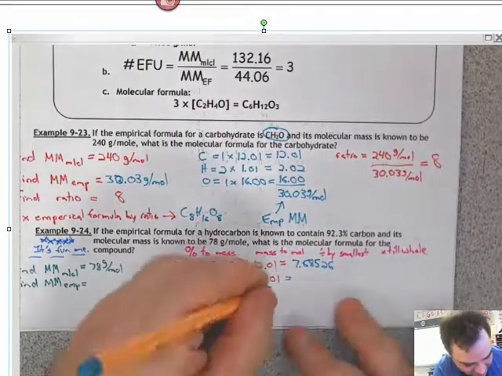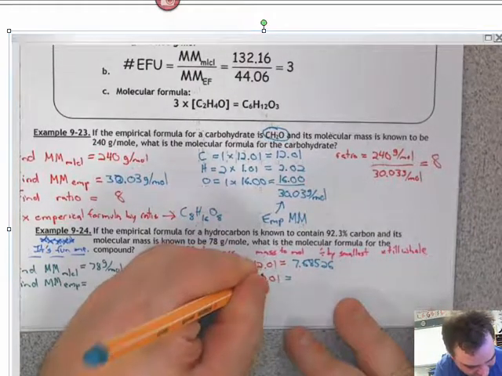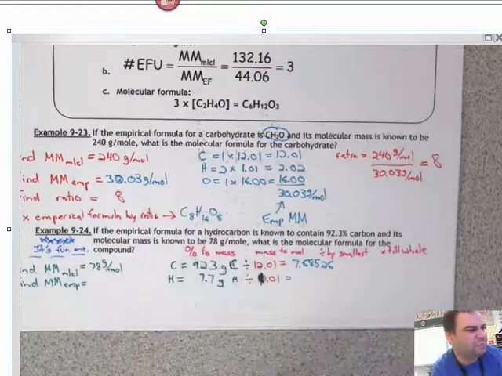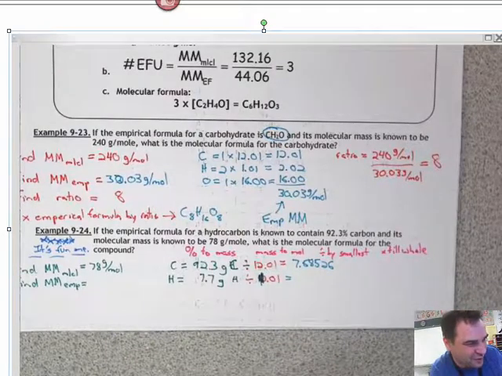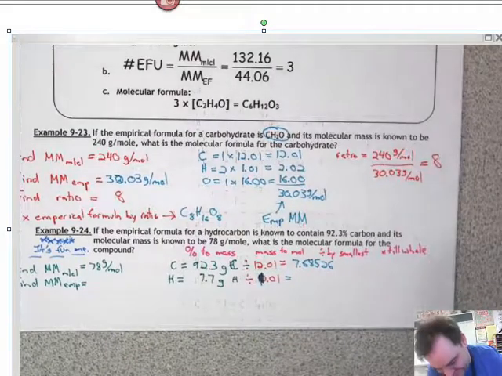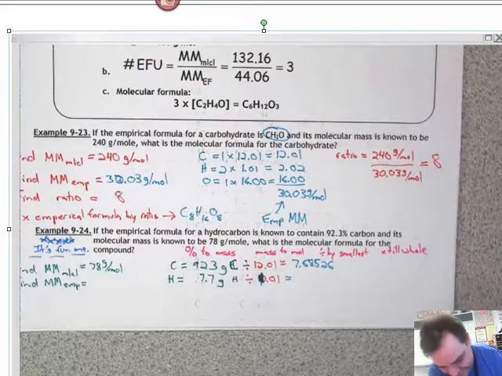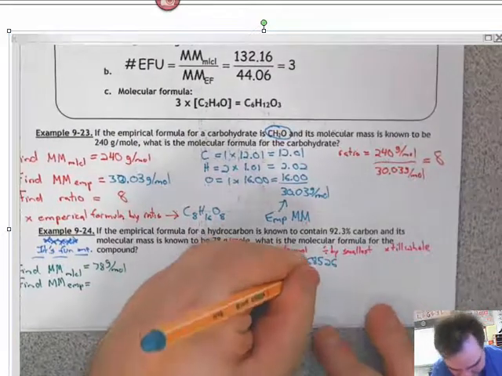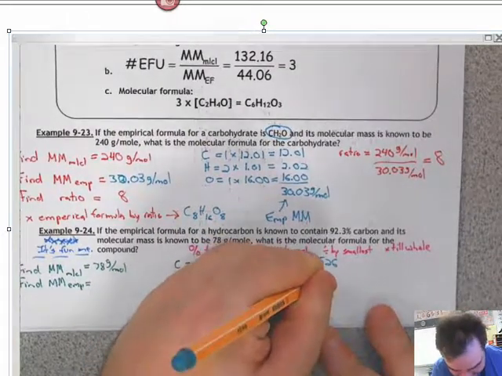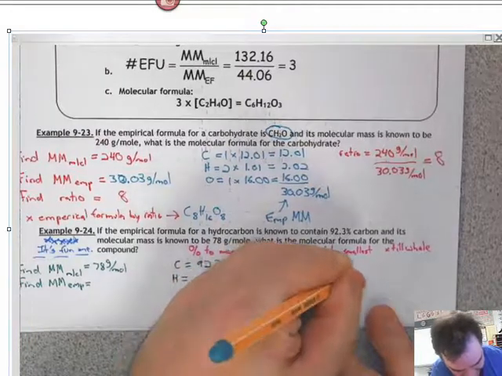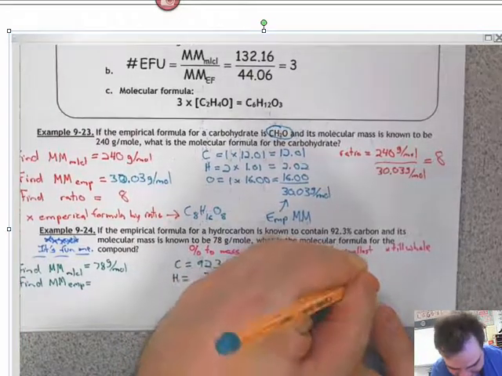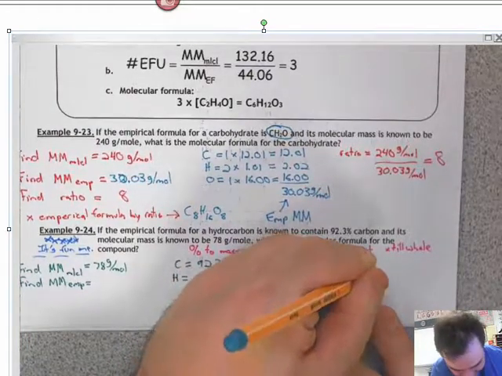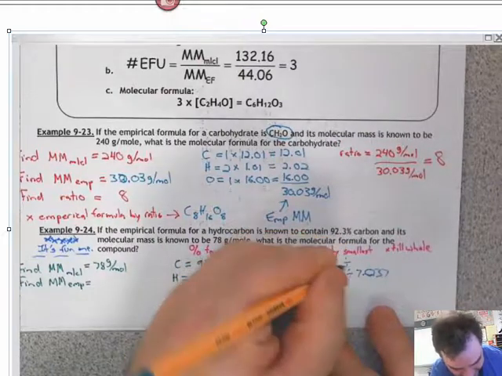Why am I dividing by 12.01 here? It's 1.01, Mr. Harrod. Come on, Mr. Harrod. And I get 7.62376 on this one. So you divide by the smallest here, 7.6237.